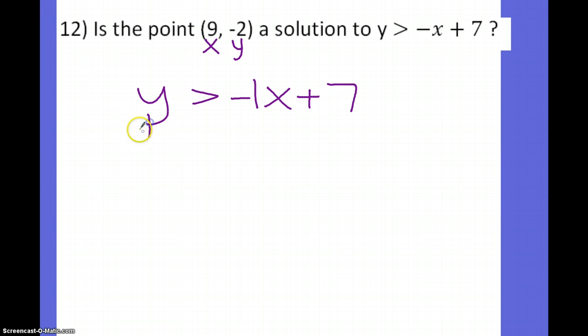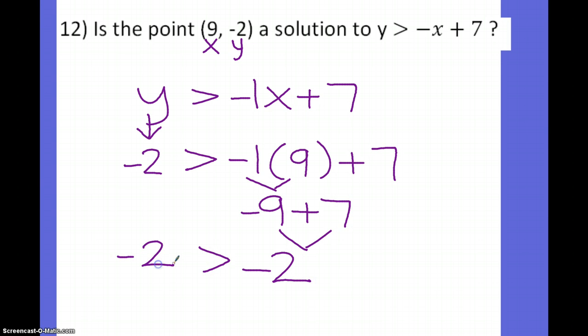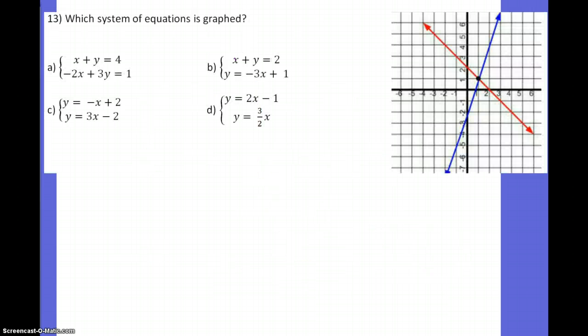I'm going to put in place of y, negative 2, in place of x, 9. If I multiply this out, that's negative 9 plus 7. And over on this side, I got negative 2. Is negative 2 greater than negative 2? No, it is not. It is equal. And we don't have the equal to line, so no, that is not a solution.